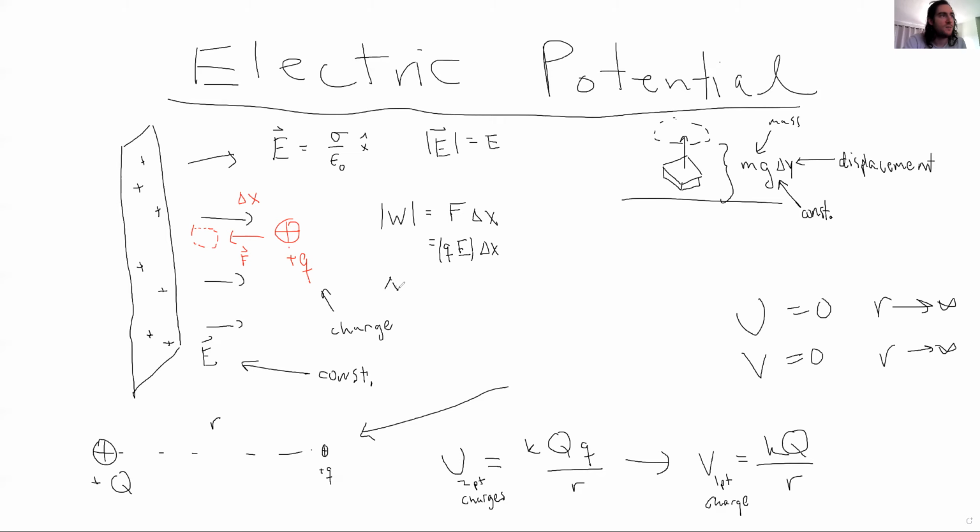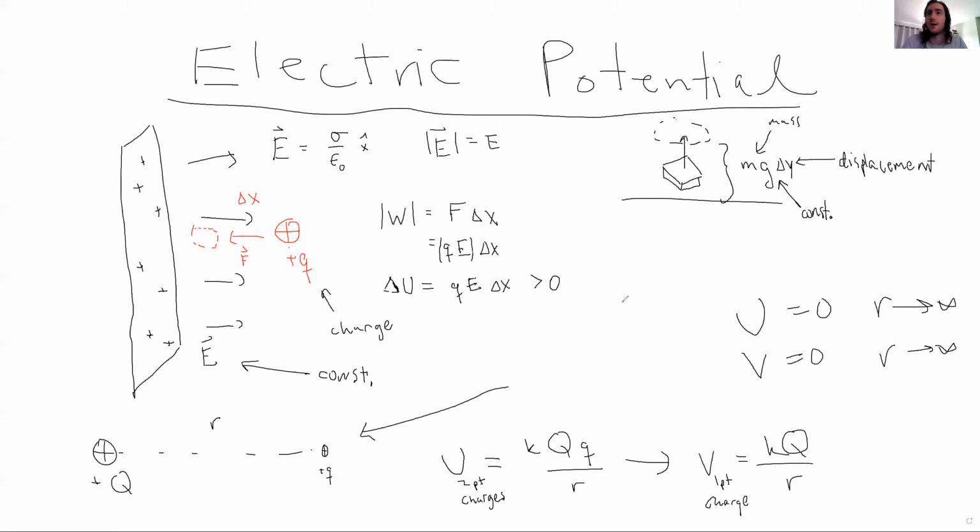So the change in potential energy here is positive. Let's actually write it: the change in potential energy is Q E delta x. Why? Because this is a positive number. If delta x is positive, E is the magnitude of the electric field and Q is positive, this is a positive number.